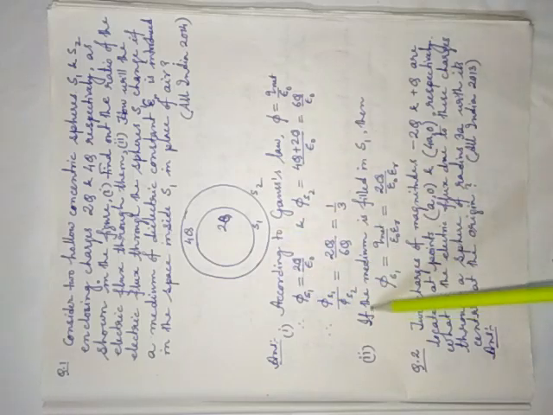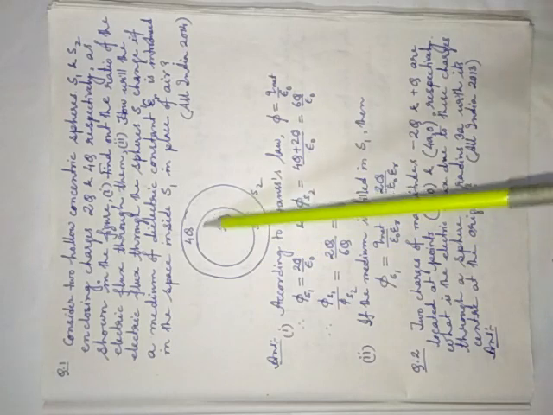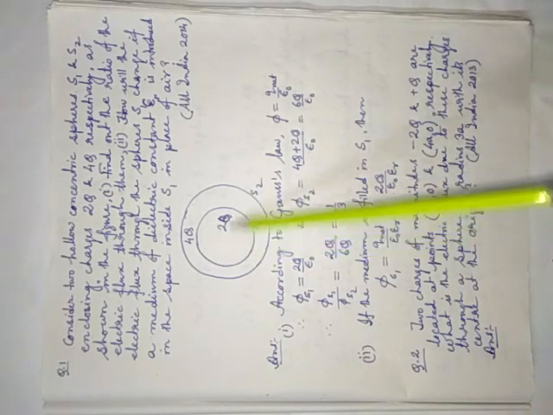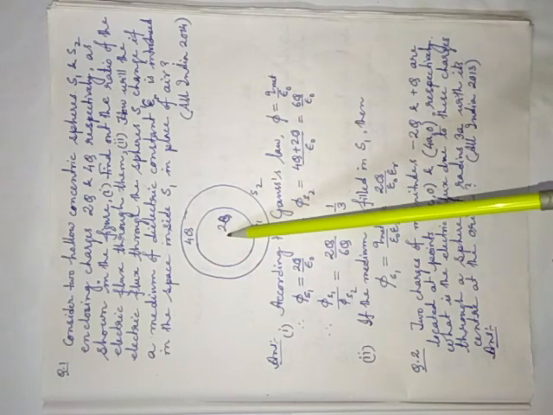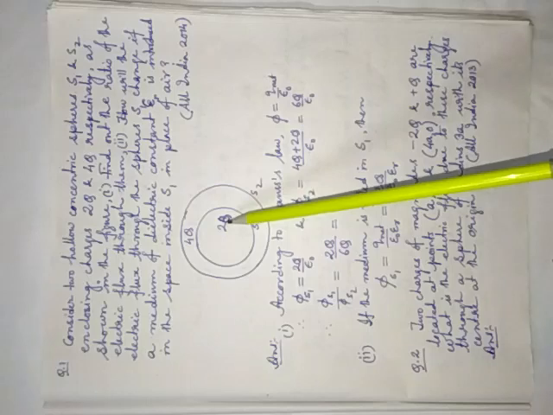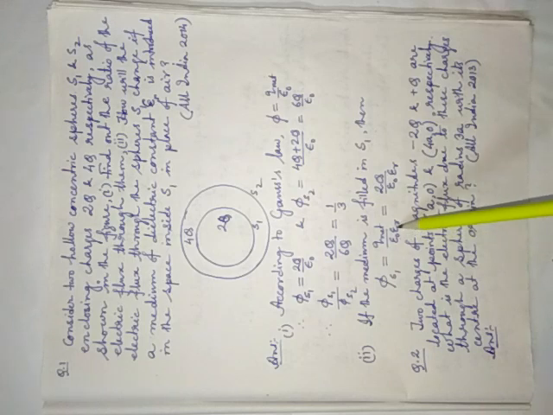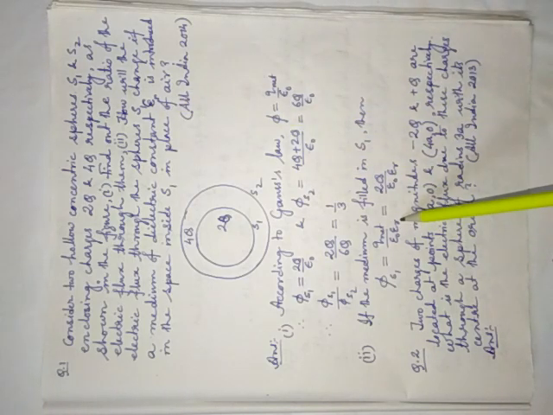Now, if the medium is filled in S1, that means earlier it was air inside S1, but now there is a dielectric medium, an insulating object. Then phi S1 equals q net by epsilon naught, and here you have to put the dielectric constant epsilon r.